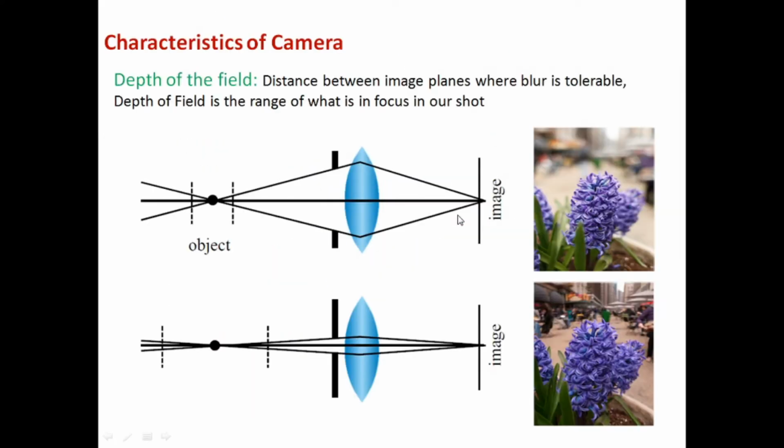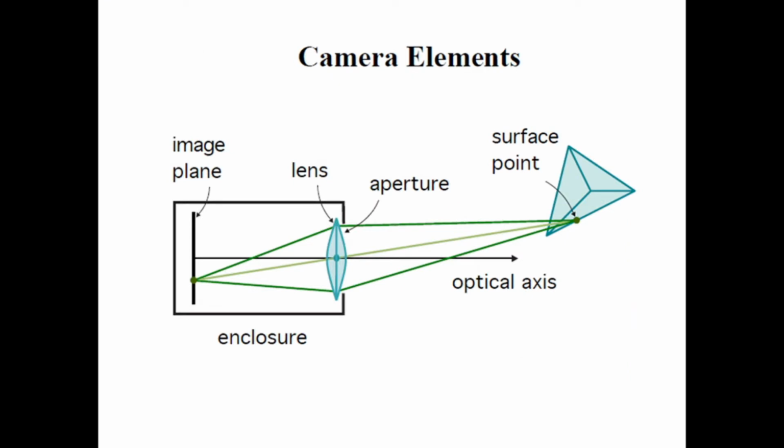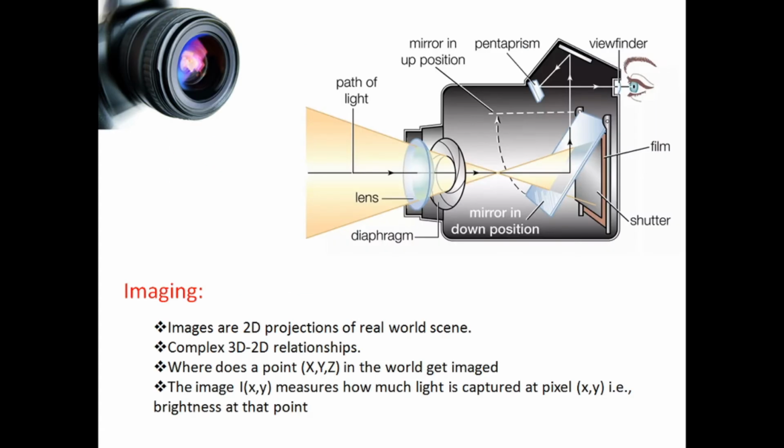The amount of light that falls on the retina of our human eye is determined by the size of the pupil. A large pupil lets more light fall on the retina, and similarly in the camera, a larger aperture of the lens lets more light enter the camera sensors, right?